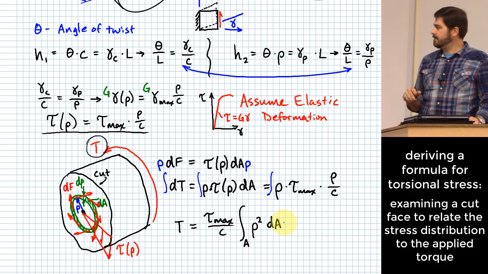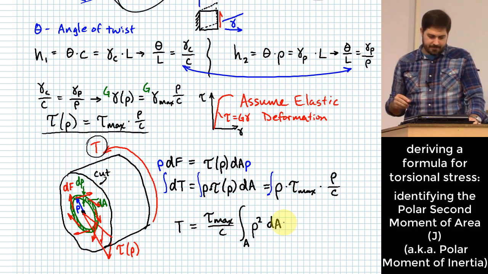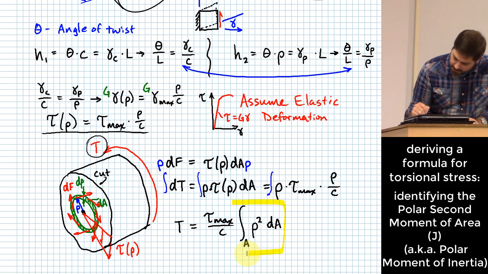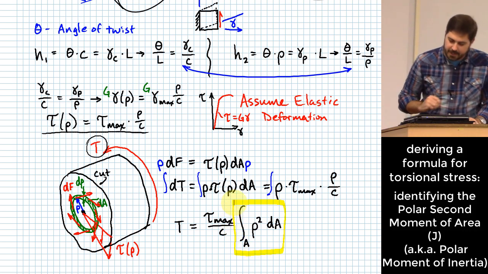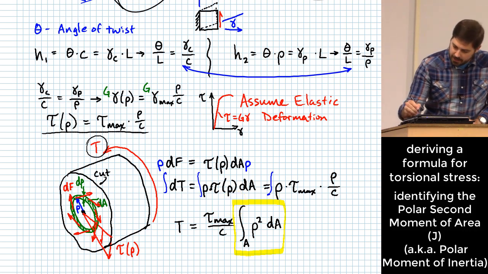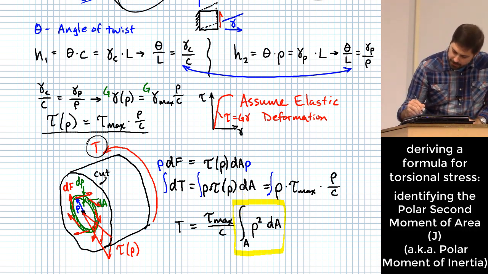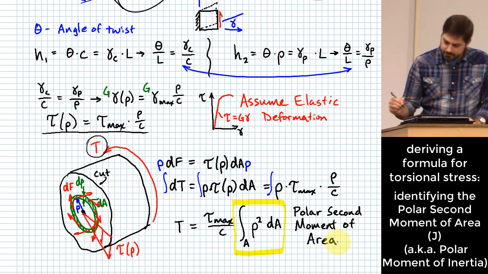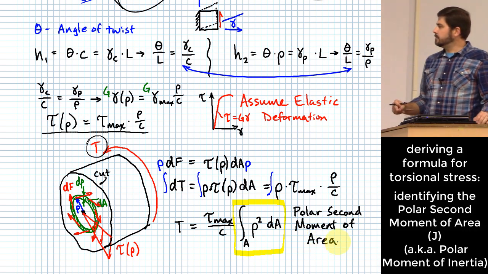All right. Now this is interesting. This value right here is another one that shows up fairly frequently in engineering. This mathematical construction, and therefore it gets a name. We call this thing a polar second moment of area. Okay?